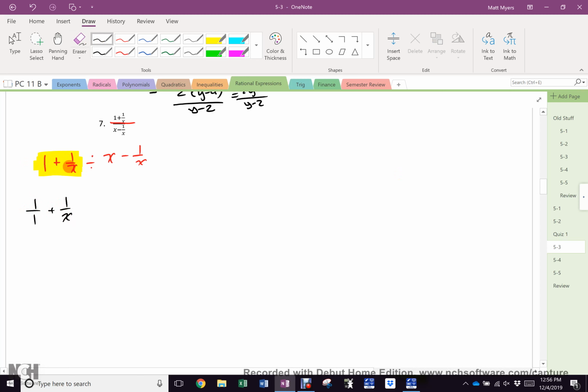What's this side's common denominator? X, because 1x is just x. What is this side missing? So what's 1 times x? X. What's this side missing? 1, but it's got 1. It's 1 times x. Is it missing anything? So does the numerator change? No.